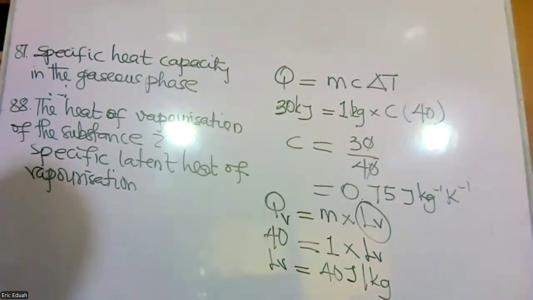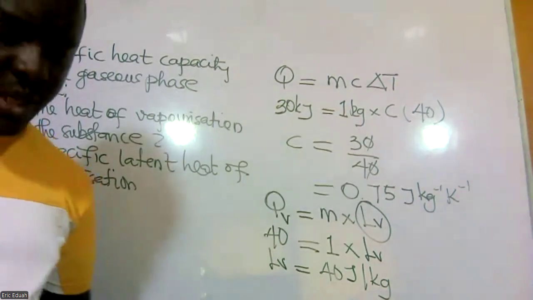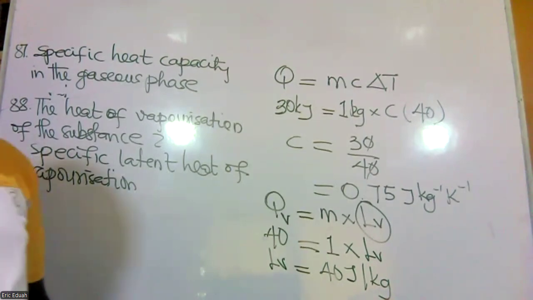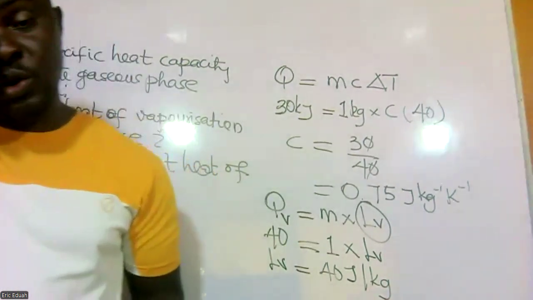At a temperature of 120 degrees Celsius, what is the physical state of the substance? Yes, Priscilla. Gas and liquid. So we have liquid only, solid only, gas and liquid only, and solid and liquid only.